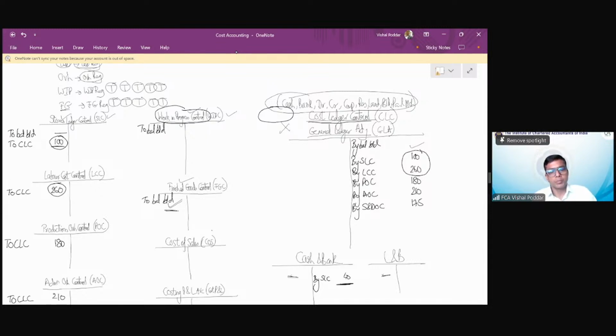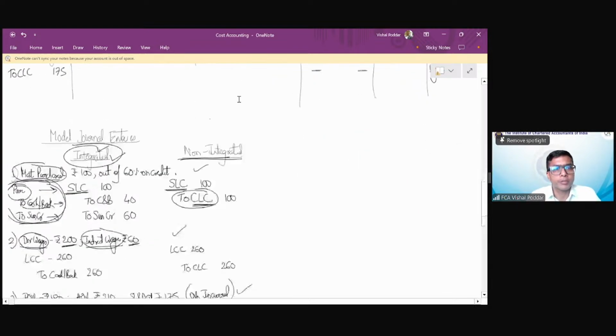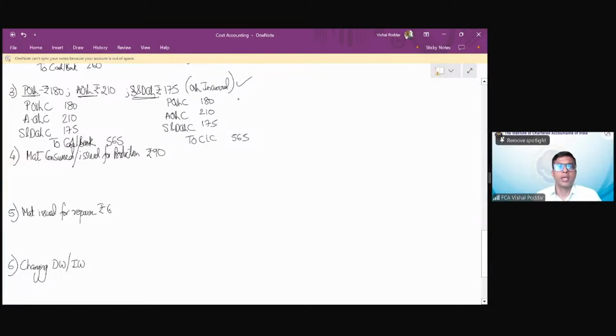Now, क्या दिया है आपको नीचे transaction में? They have said material consumed or issued for production. अब ये वो material है जो आपने product बनाने के लिए use किया. This is what will be transferred from the material account to the product account.